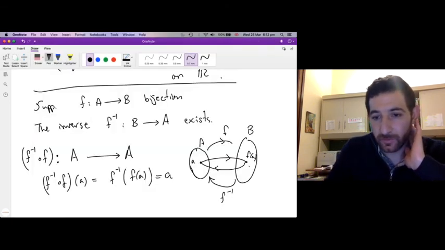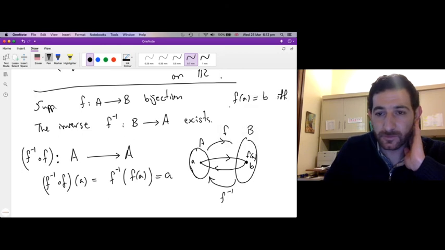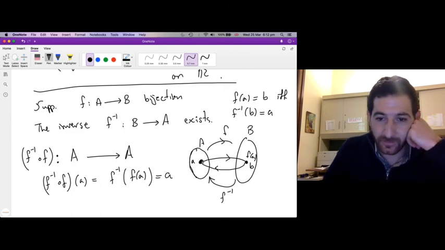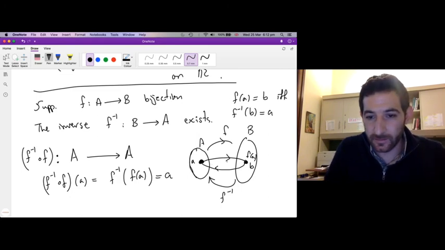If we call this element b, then f of a is b, and we define so if and only if f inverse of b is a. So we define the inverse function in this way, right? This is the element a, this is the element b. b is the image of a under f, and we define the image of b under f inverse to be this a.